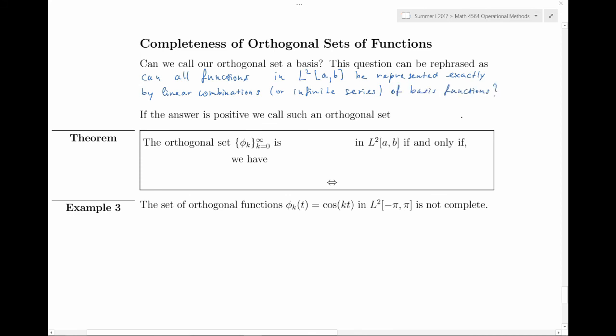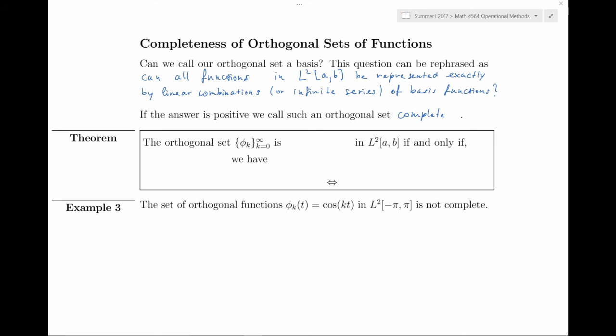And if the answer is yes, then such an orthogonal set is called a complete set. In other words, completeness is the property that allows the orthogonal set to represent all possible functions from your space.